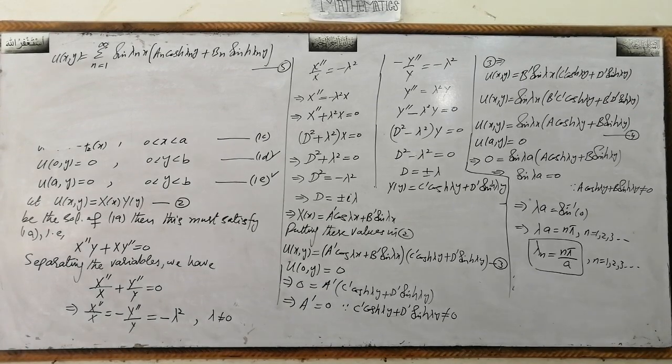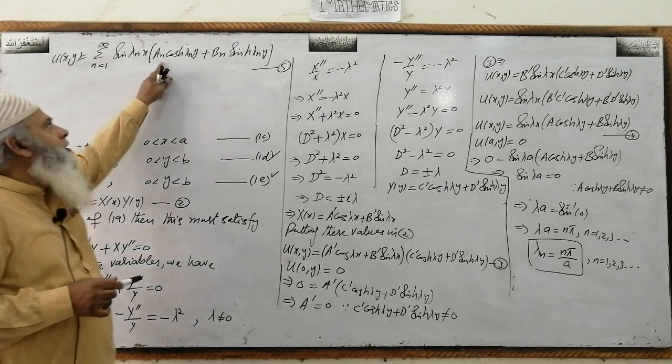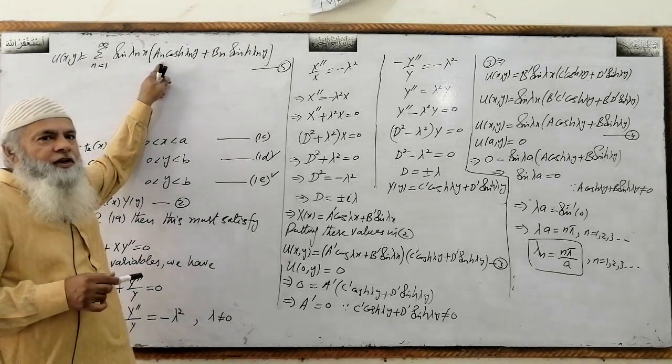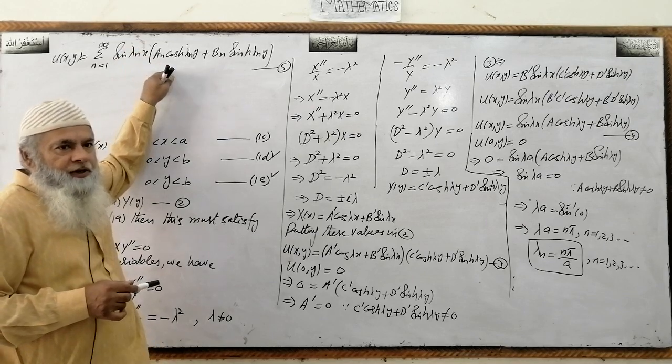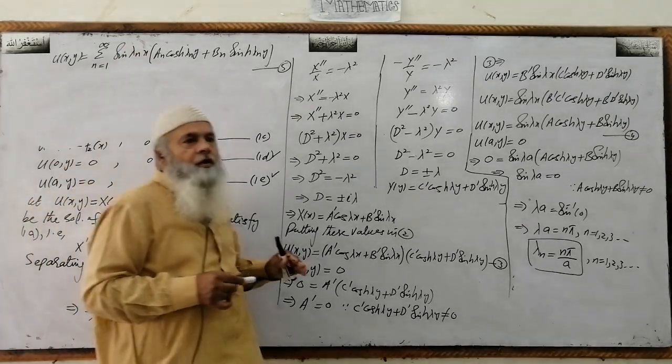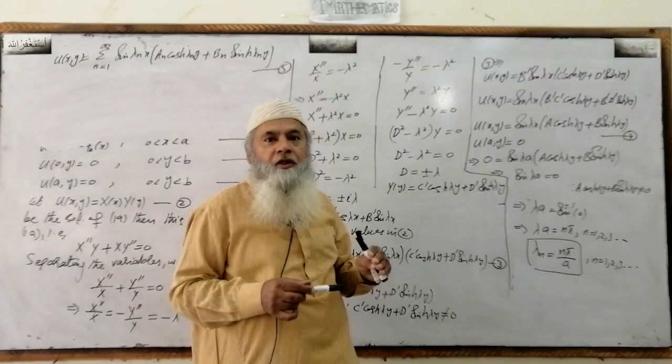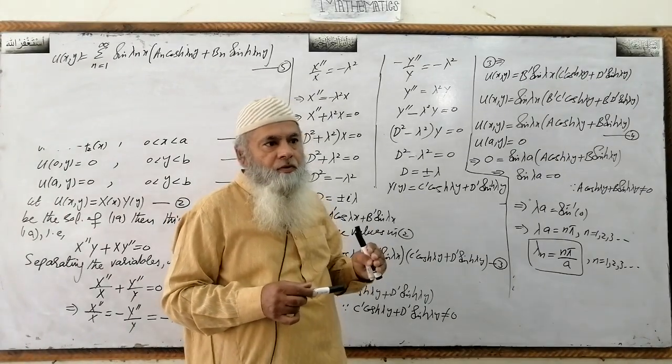Now our last problem is to find the values of a_n and b_n. Now how can we find the values of a_n and b_n? Remember, there are two boundary conditions we have not yet used.